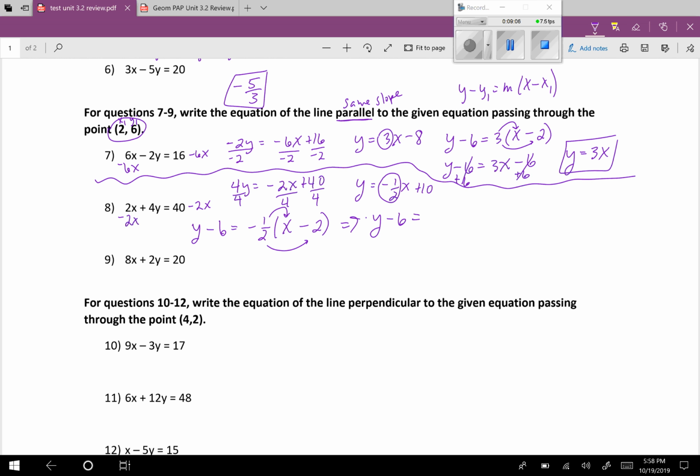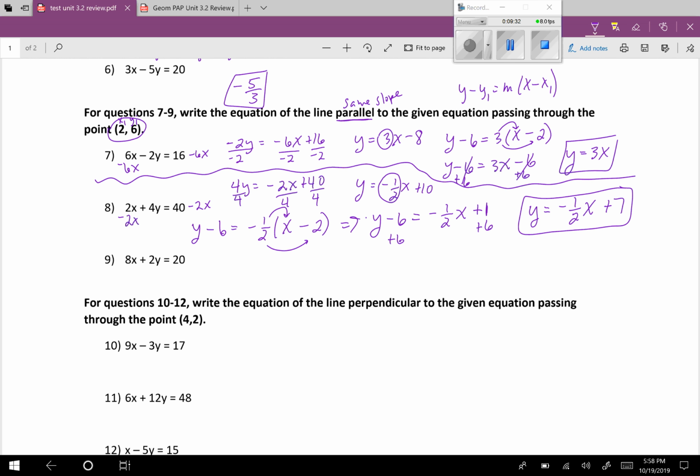So negative 1/2 times x is negative 1/2 x, and then I have a negative 1/2 times a negative 2 gives me plus 1. And then now just add 6. So I get y equals negative 1/2 x plus 7.